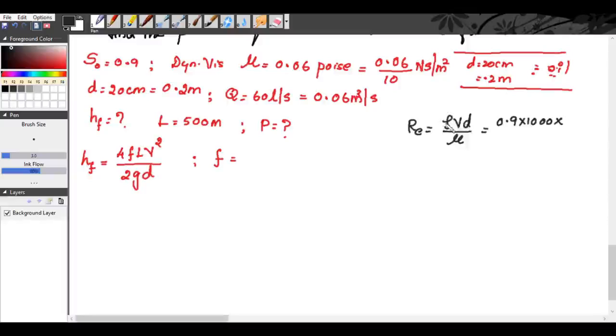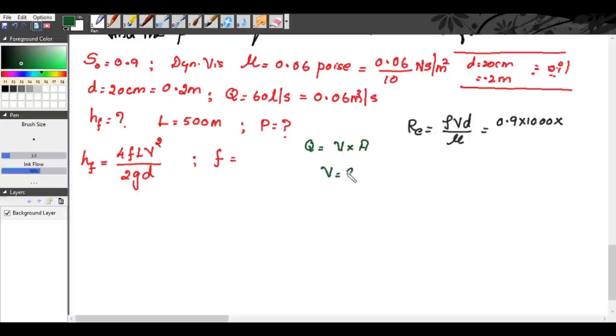Multiplied by velocity. Oh, we don't know velocity, right? So, we will find velocity also. Now, we know discharge is equal to velocity into area.